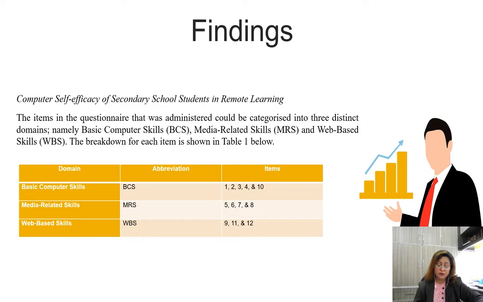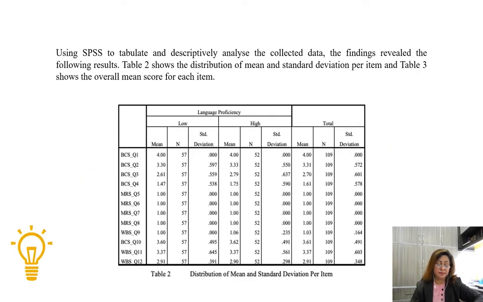The items on the questionnaire that was administered were categorized into 3 distinct domains, namely basic computer skills, media-related skills, and web-based skills. Table 2 shows the distribution of mean and standard deviation per item.